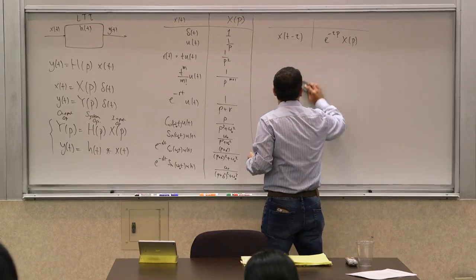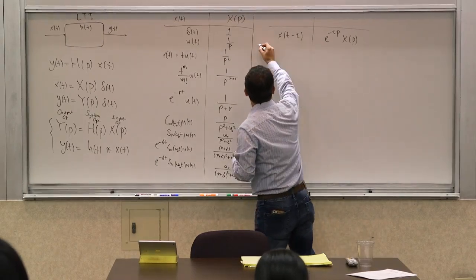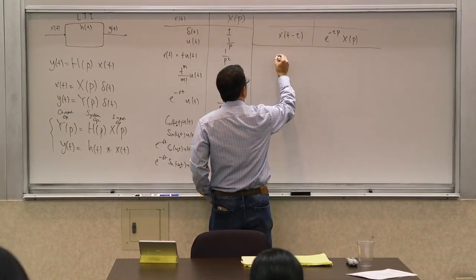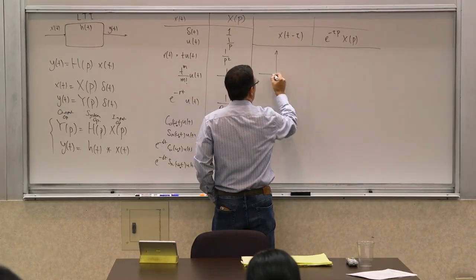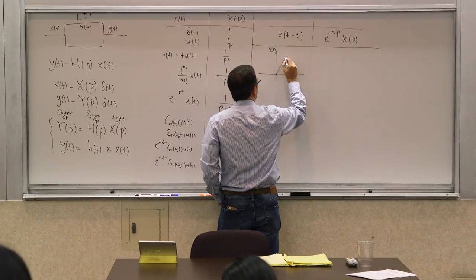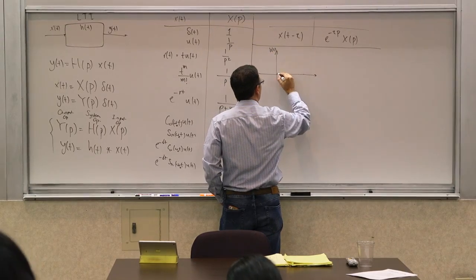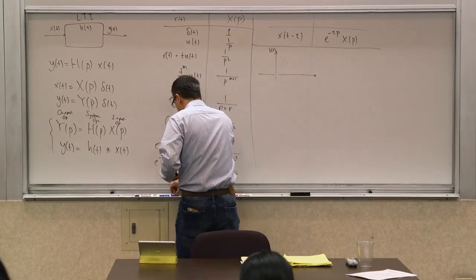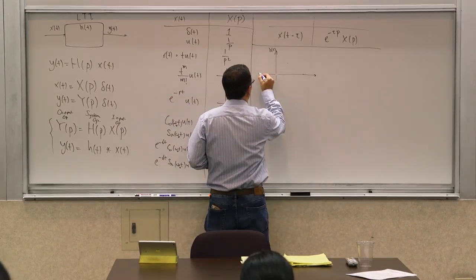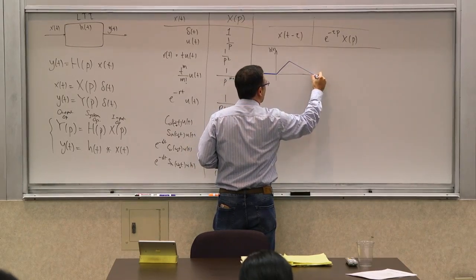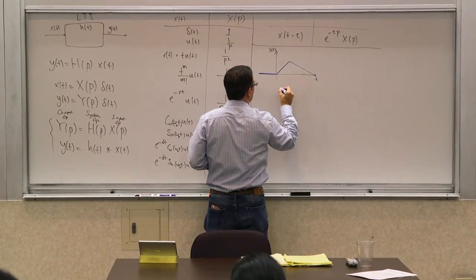So, for instance, if I gave you a function like this, let's say my impulse response looks something like this. Let me just use a different color. So this is versus t.